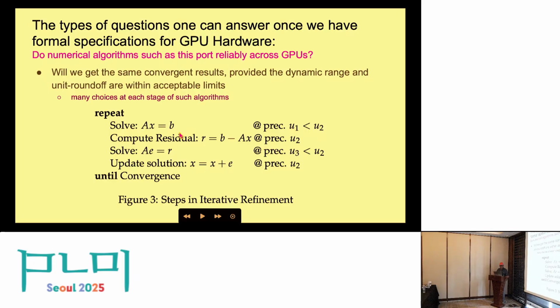This is highly published and well known in the numerical community. Compute the residual, then solve for the correction term and update the solution. So this is an iterative refinement scheme, and various other schemes have been proposed. The question now becomes: what precision choices would you make for all these steps, and under what conditions would such a linear solver deliver results reliably?